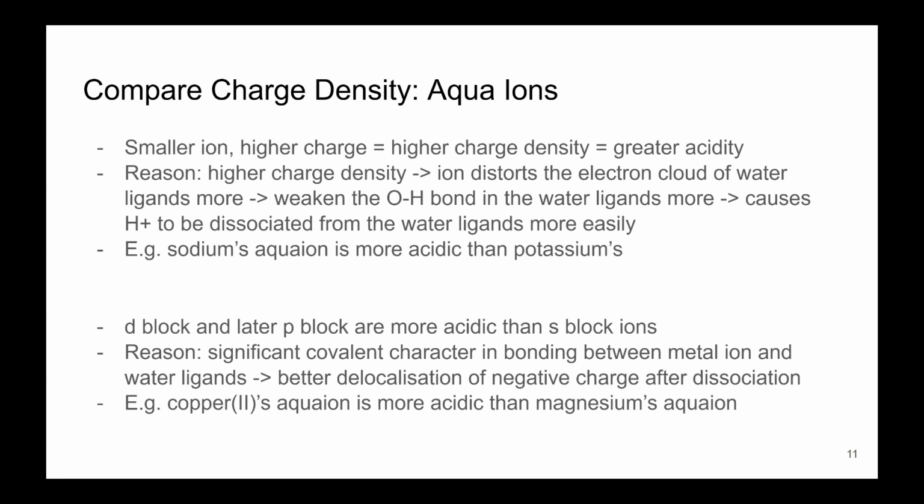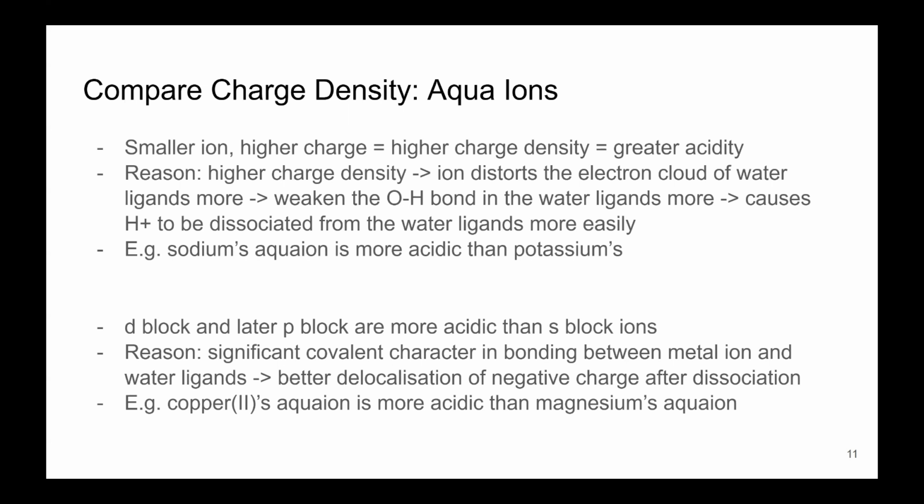A really important thing that we must take note of is that D block and later P block ions are more acidic than S block ions. The reason for this is that the significant covalent character in bonding between the metal ion and water ligand helps the negative charge after dissociation to better delocalize.